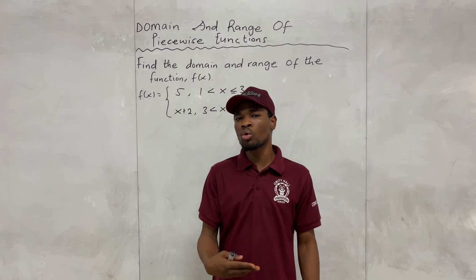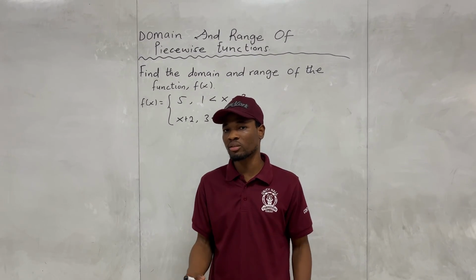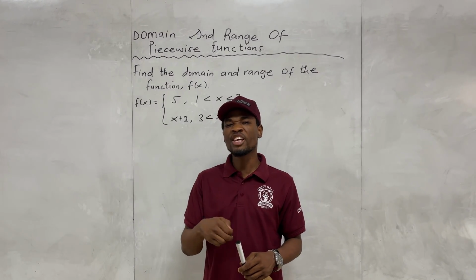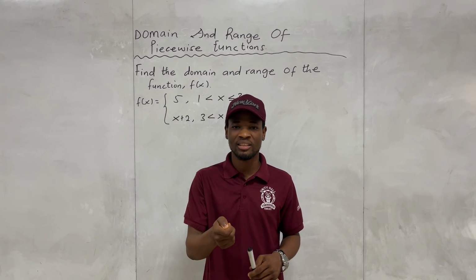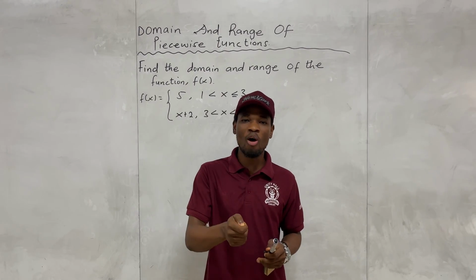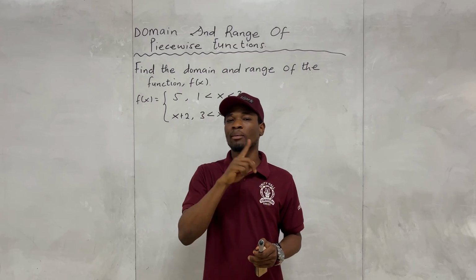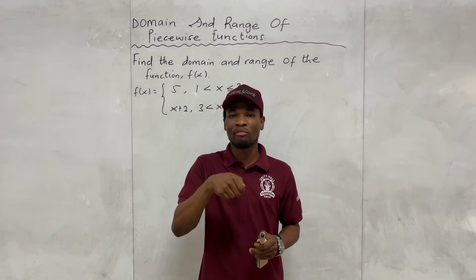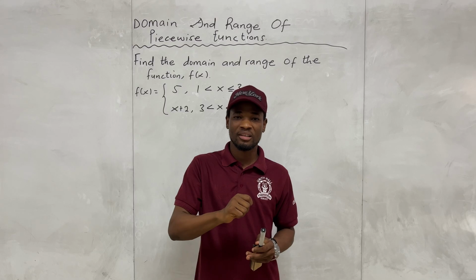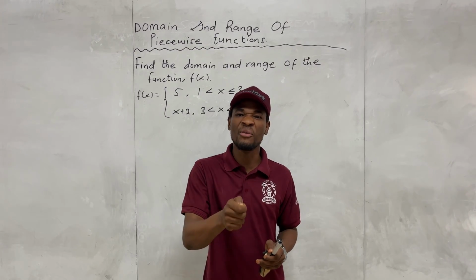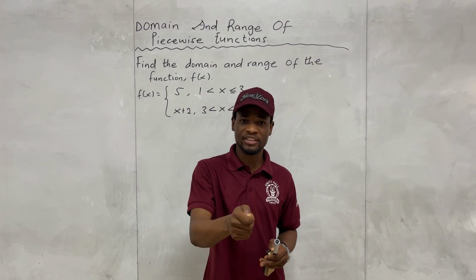Okay, we already know what domain is, right? And range. So domain simply means the set of inputs of a function, and the possible outcome or the possible values of a function is what we call the range of the function.